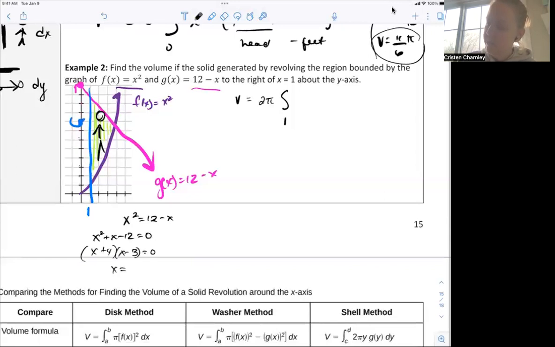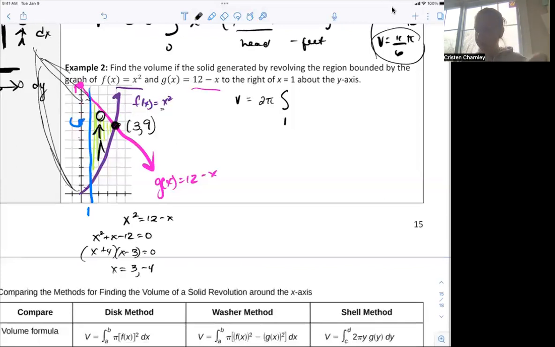So x is equal to 3 and negative 4. How come I have 2 answers here? Because it's x squared, it's talking about the other half of the parabola up here. We're not interested in that value. We actually want the 3. And to get the y-coordinate, I'd square it, 9. I don't think we'll use the 9 anywhere, but that's okay. So we integrate from 1 to 3.